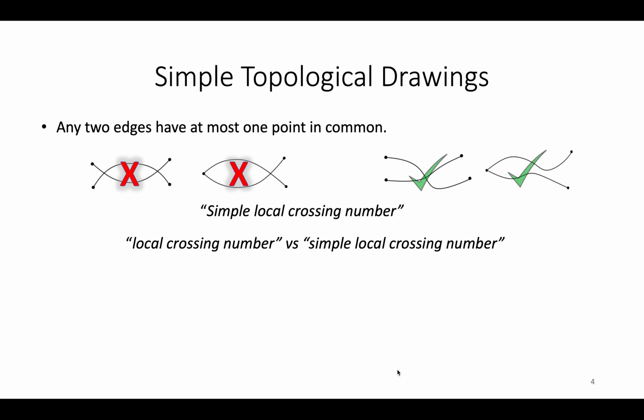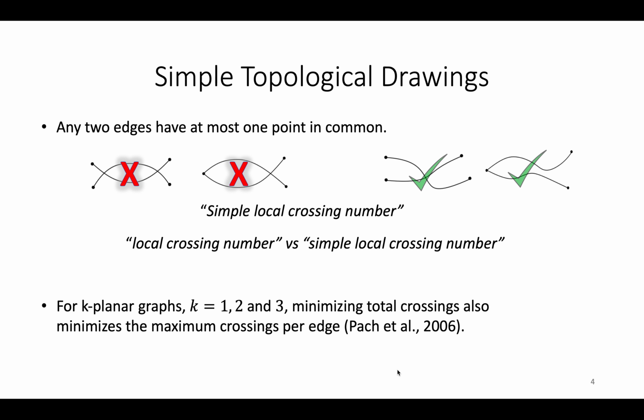However, when you try to decrease the maximum number of crossings per edge, does it also give us a simple drawing? Turns out, not always. For k-planar graphs where k is 1, 2 or 3, it has been proved that minimizing total crossings also minimizes the maximum crossings per edge.